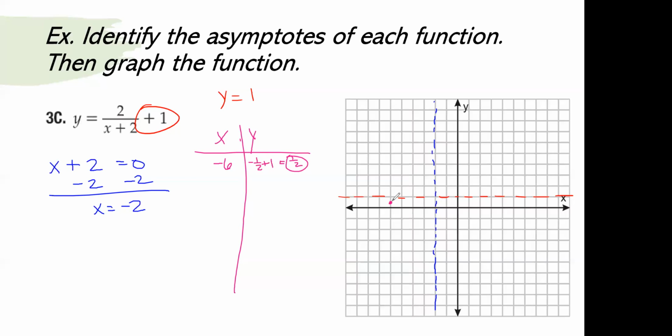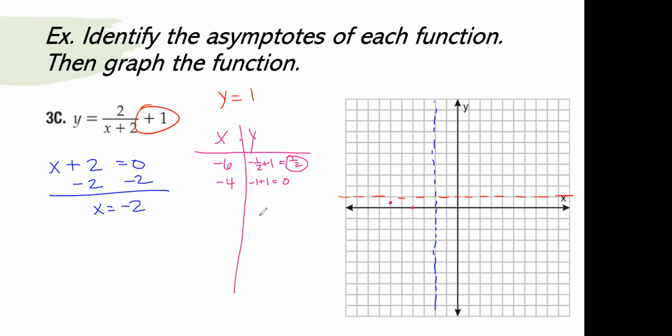Okay, then I'm going to try negative 4. So I've got negative 4 plus 2, that would be negative 2. 2 divided by negative 2 is negative 1. And negative 1 plus 1 is equal to 0. So when x is negative 4, y is equal to 0. So I have a point right there.